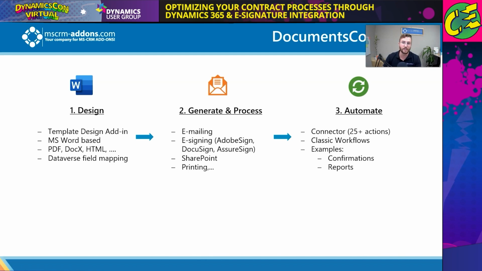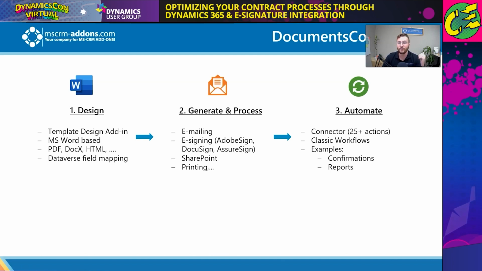So anything I show in the manual generation through our one-click actions, you can also automate through our Power Automate connector. And there's 25 plus actions that covers really all of your needs, including e-signature, when it comes to automating documents. We do also support classic Microsoft workflows. However, along with Microsoft, we're kind of pushing people towards Power Automate if you have an online instance.